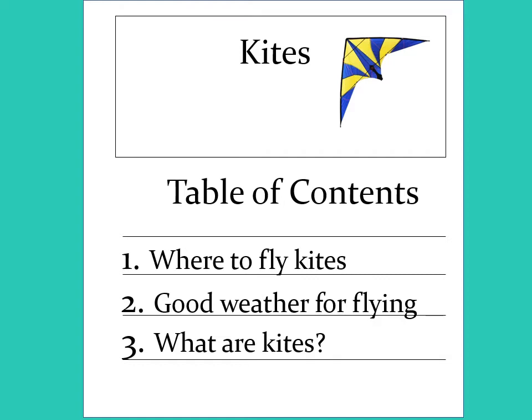Well, this looks pretty good, but you've got to think to yourself, is this really a good way to teach somebody about kites? Imagine they don't know anything. Is it a good idea to start telling them where to fly kites? Maybe they want to know what kites are first. So we don't really like this order.